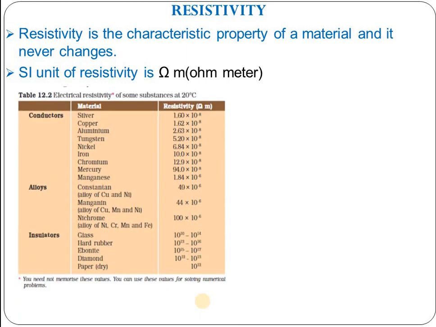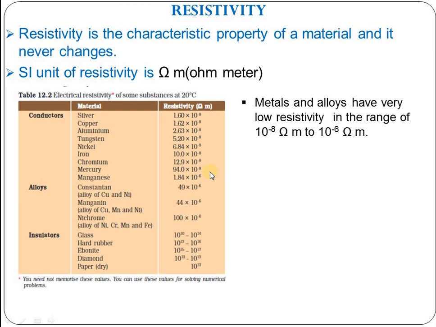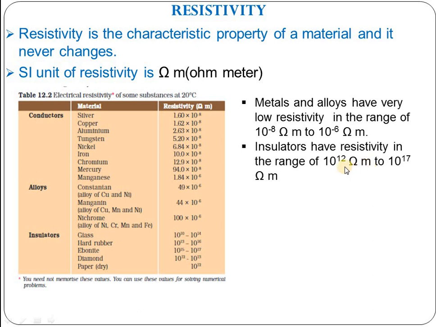This is a table that shows the resistivity of different conductors, alloys and insulators. If you see this table very carefully, you will see that metals and alloys have very low resistivity, in the range of 10 to the power minus 8 ohm meter to 10 to the power minus 6 ohm meter, whereas insulators have resistivity in the range of 10 to the power 12 to 10 to the power 17 ohm meter.